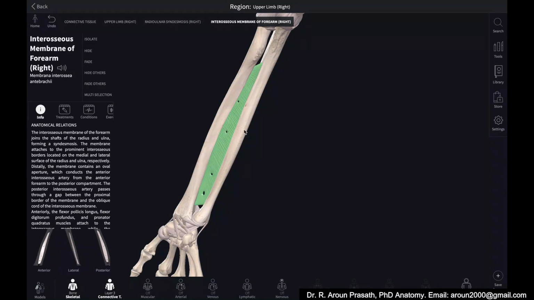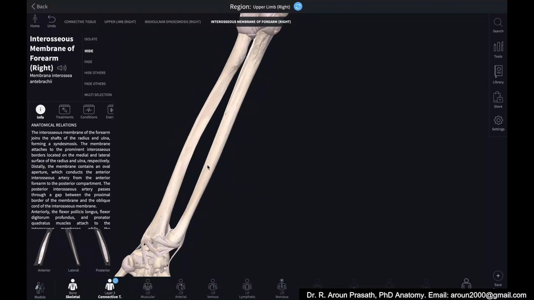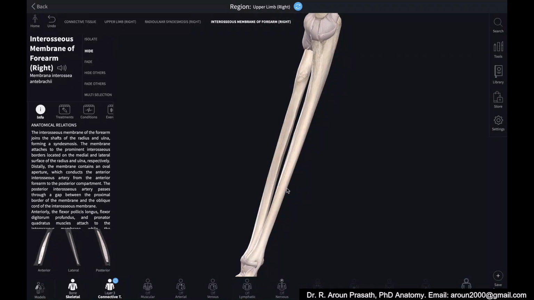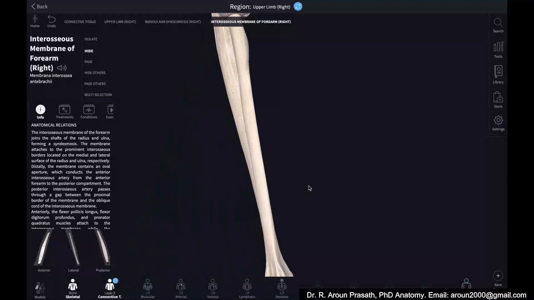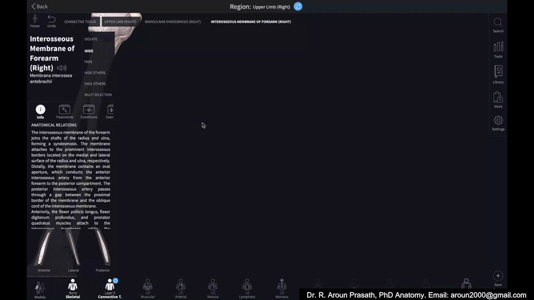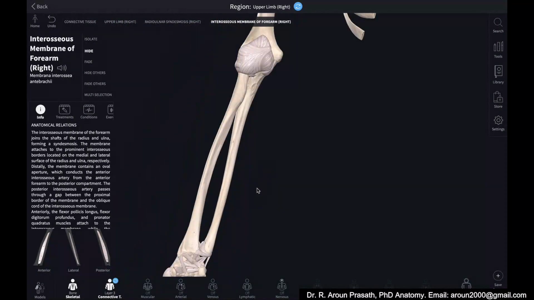This membrane is attached to the interosseous border. That's why it is sharp in nature. Coming to the surfaces, this is the anterior surface, this is the medial surface, and this is the posterior surface of the ulna.